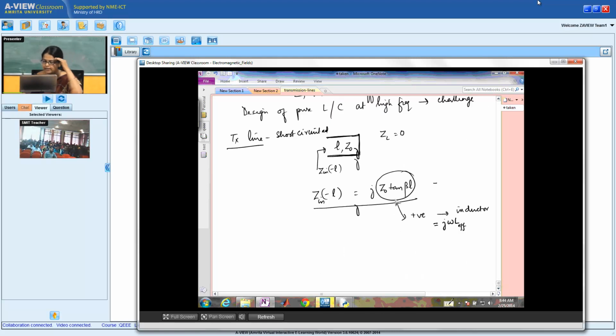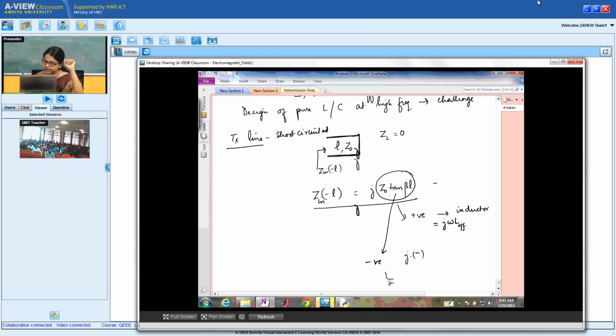But if I choose tan beta L as negative, which I can do by choosing beta L appropriately, then I have j times a negative number, which I can write as 1 over j.